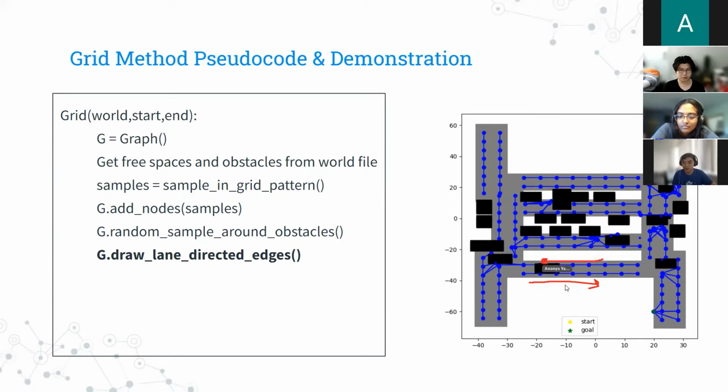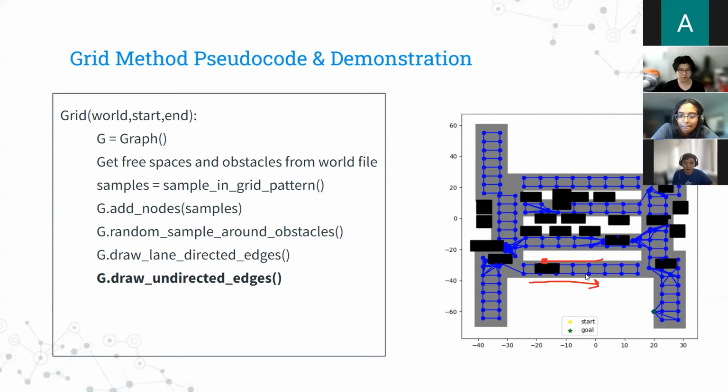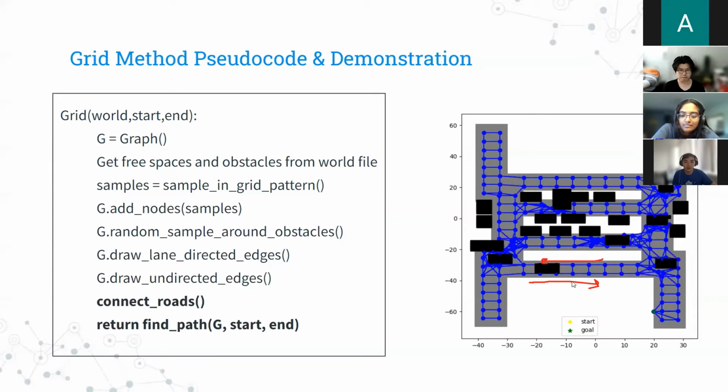So the directed paths follow the rules of the road. Then we drew undirected edges between these nodes so that the car would be able to do U-turns if it needs to. And we connected the rest of the roads together, and we just ran Dijkstra's to find the shortest path from the start and end using this method.